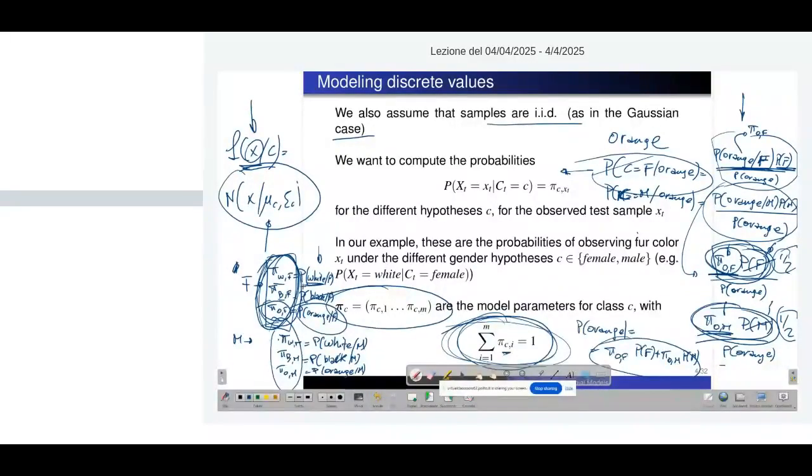But pay attention that, as for the coin toss problem, the maximum likelihood solution is not necessarily the best solution. We have discussed that the maximum likelihood solution, when we have few samples, is not correct because the frequency estimate doesn't really work. And we will see that there are similar issues with this kind of model when we do the maximum likelihood estimate.